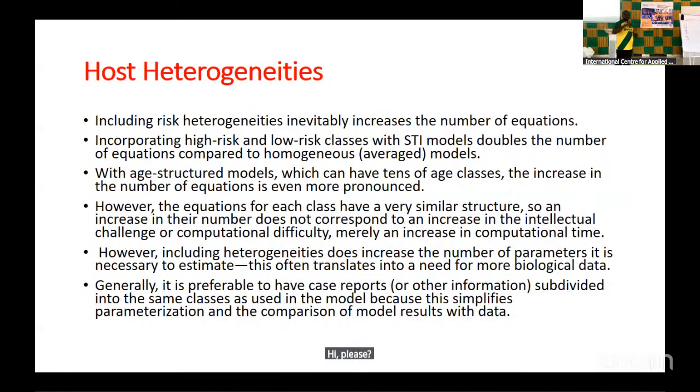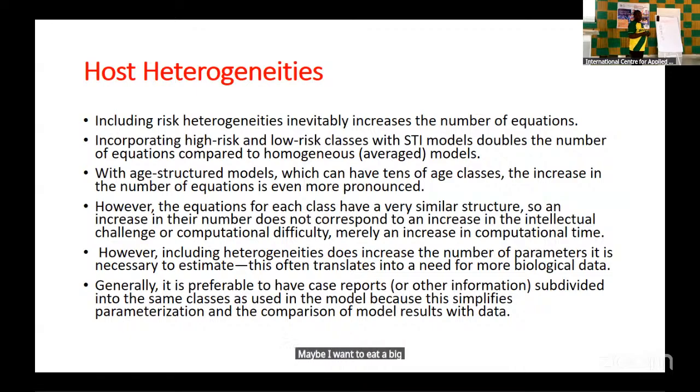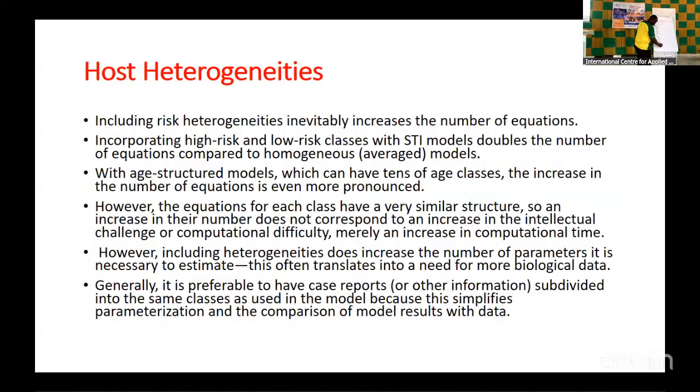But if I want to introduce age structure, I will need to have juvenile compartments, and then repeat the same for adults. So at the end of the day, I have 6 equations instead of 3.